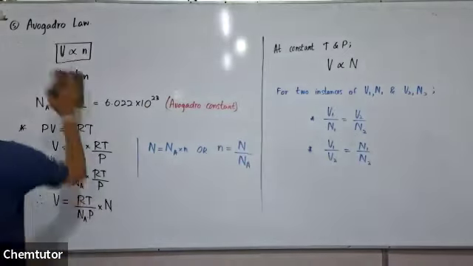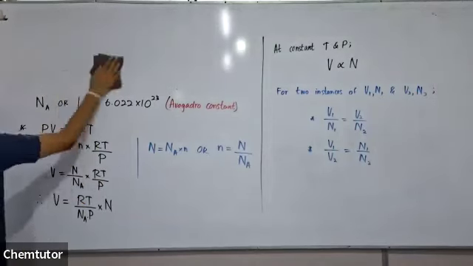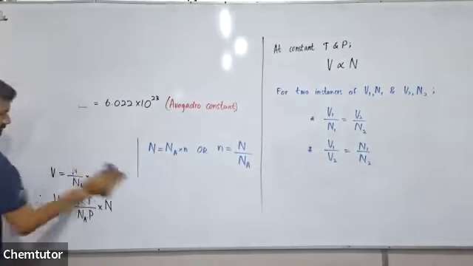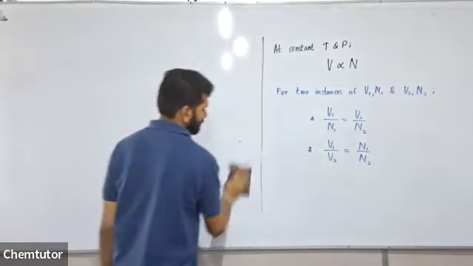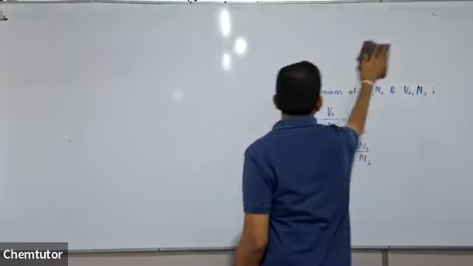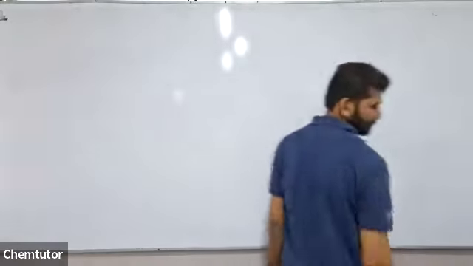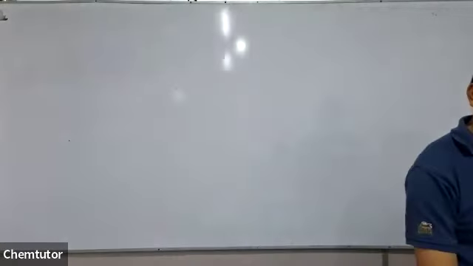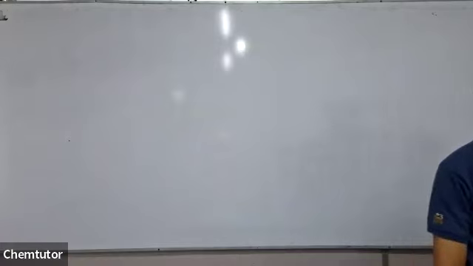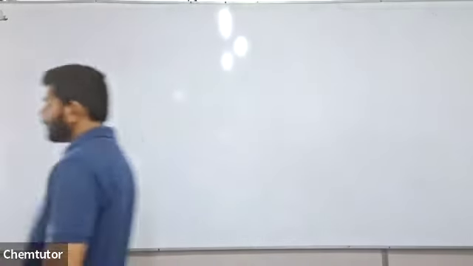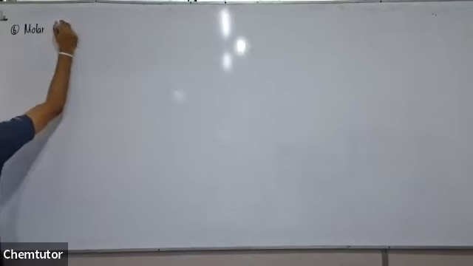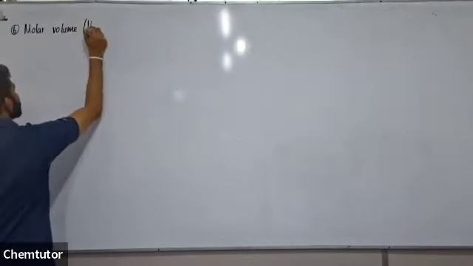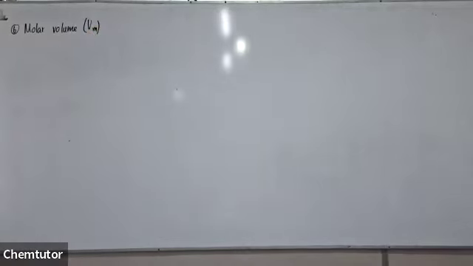Right. So you can write down the sixth one, molar volume. I forgot to say here this molar volume is symbolized by Vm. Vm is the molar volume.